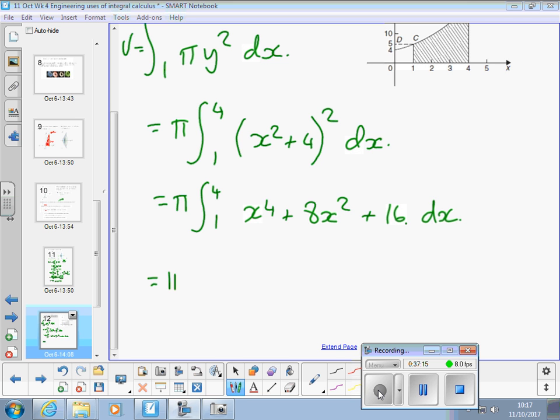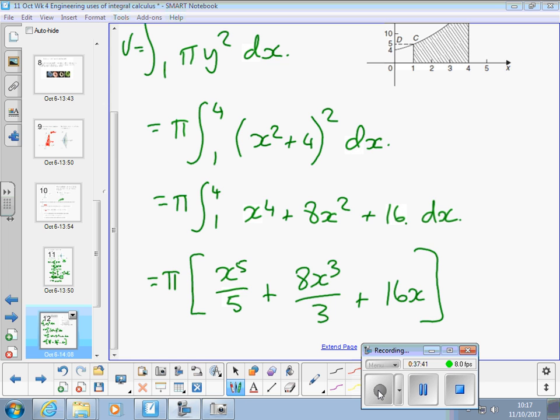So we end up with pi times the integral of this: x to the 5 over 5 plus 8x cubed over 3 plus 16x between 1 and 4.